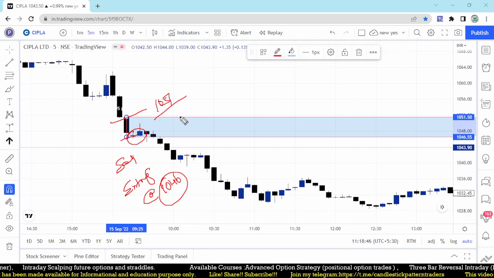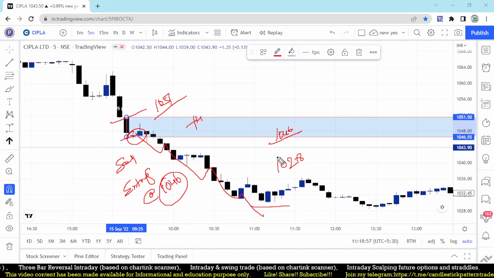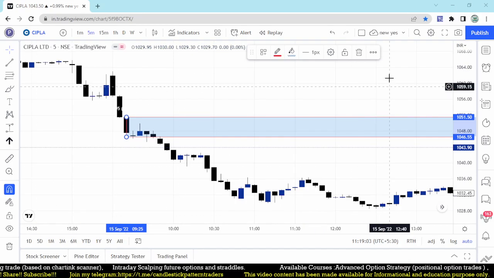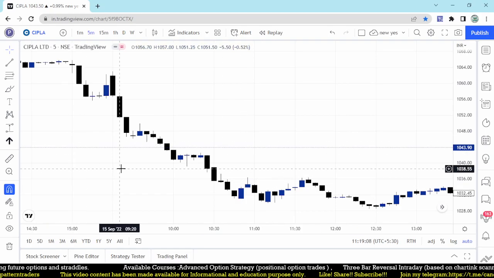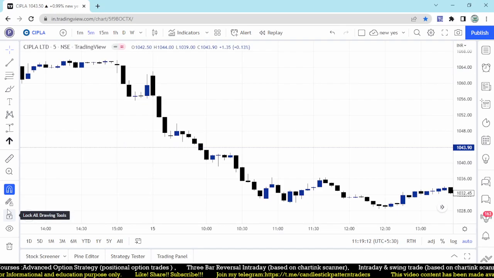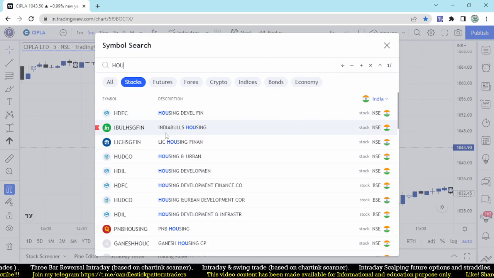So we have taken around 13-14 points of risk, but the stock moves down towards 1028 from 1046, so more than 20 points are generated. The most important thing about the scanner is that it never repaints. Either it may be a stop loss or it may be a target. It never repaints because we are fixing the candle.